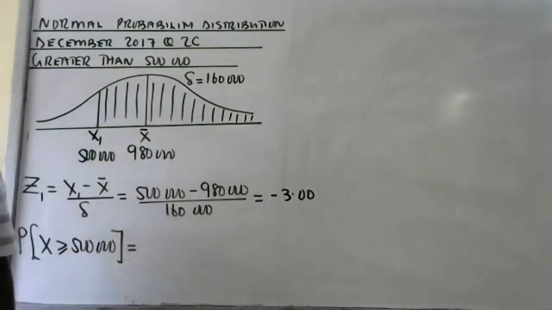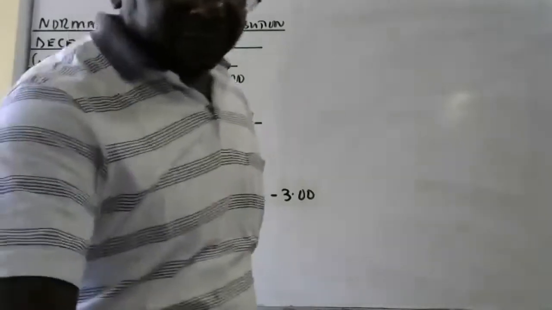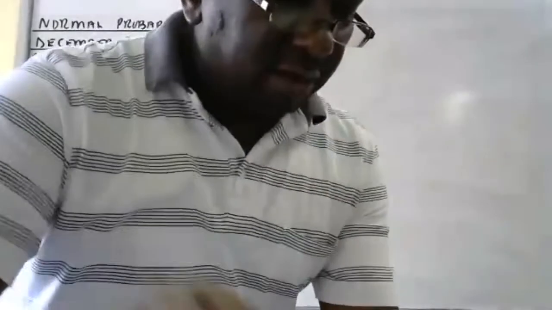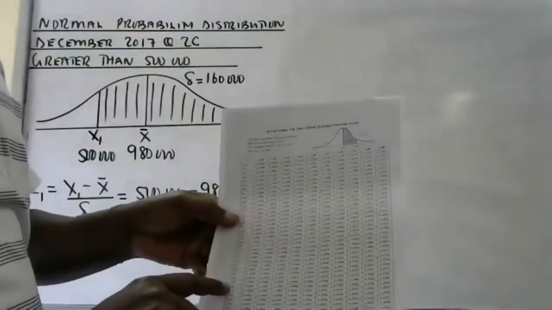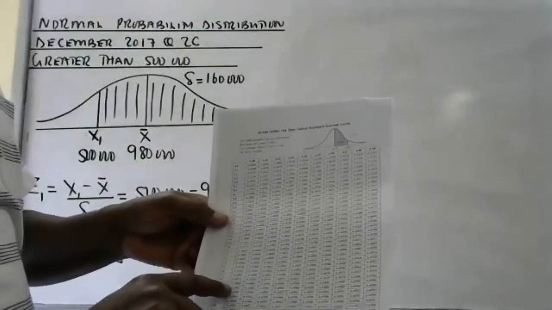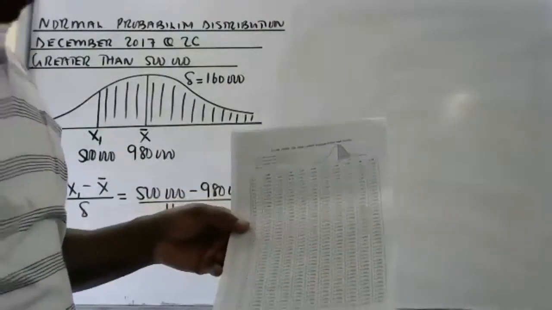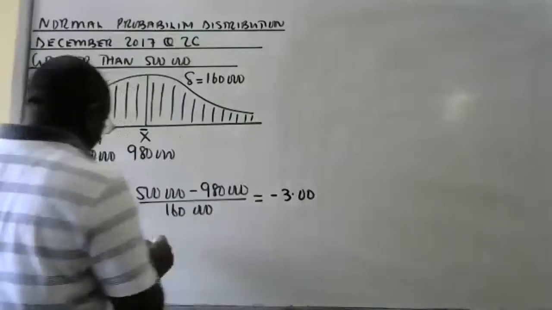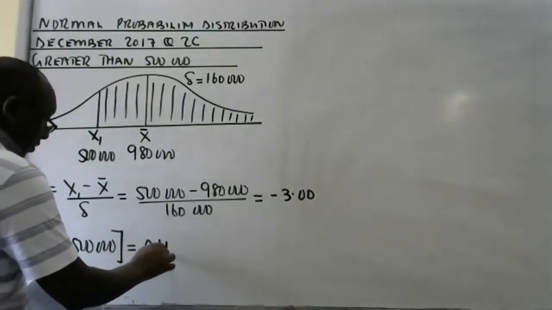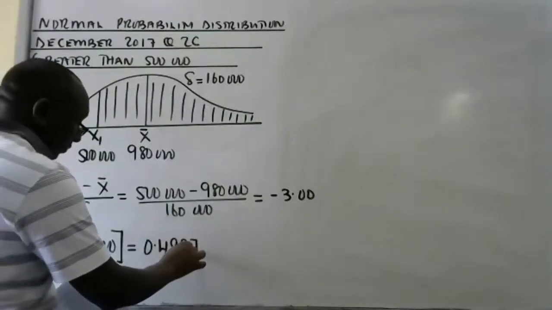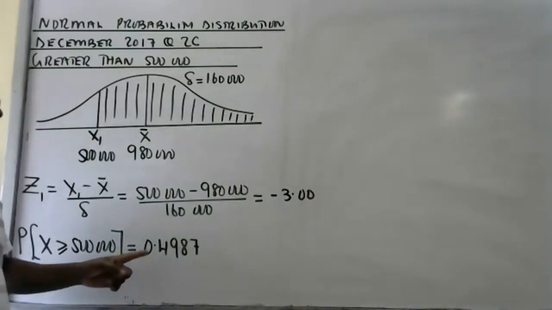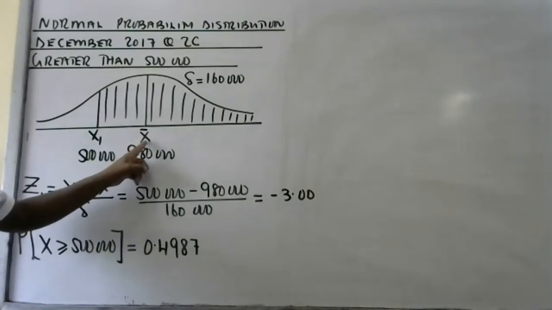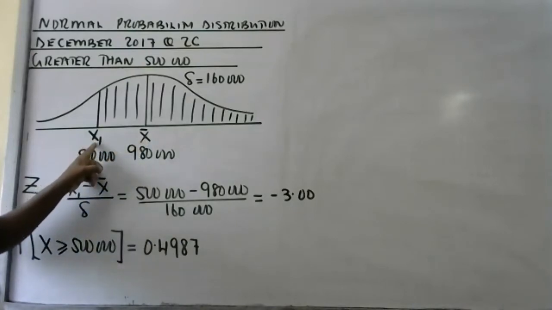So again, we go to the tables. And when we go to the table, we read 3.00, which is 0.4987. And as I've been saying, this is the probability from your x bar to your x1.